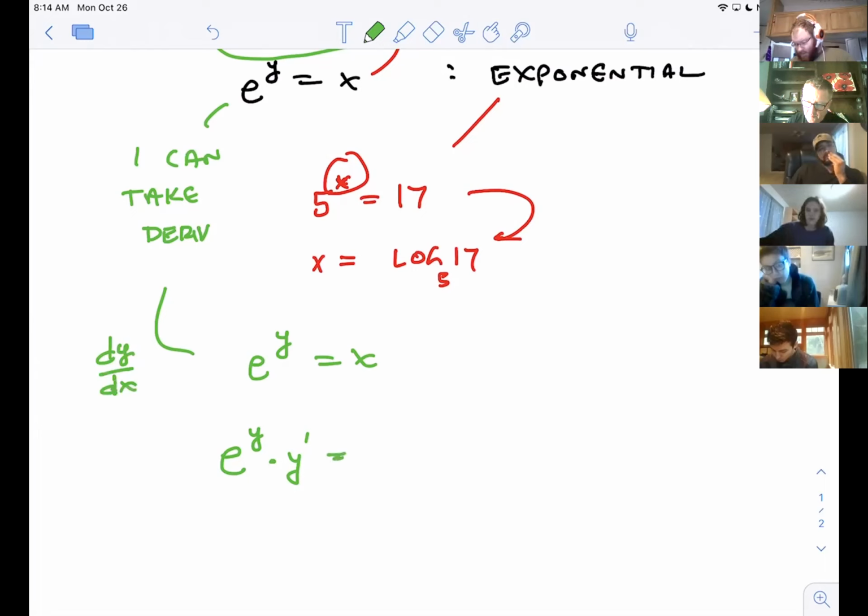And on the other side, super easy. What's the derivative of x with respect to x? Well, that's just 1. So you took the derivative of both sides. So doesn't that mean y prime is equal to 1 over e to the y?